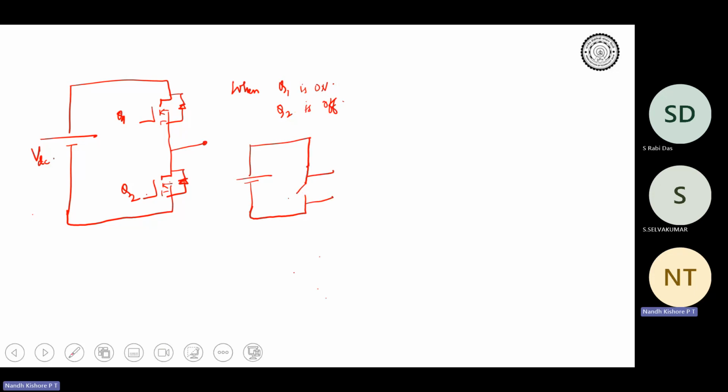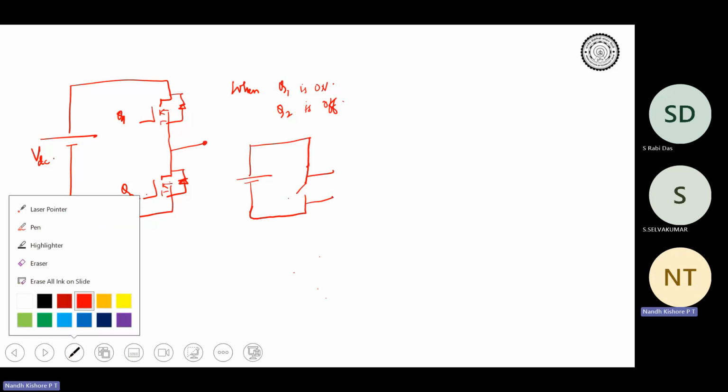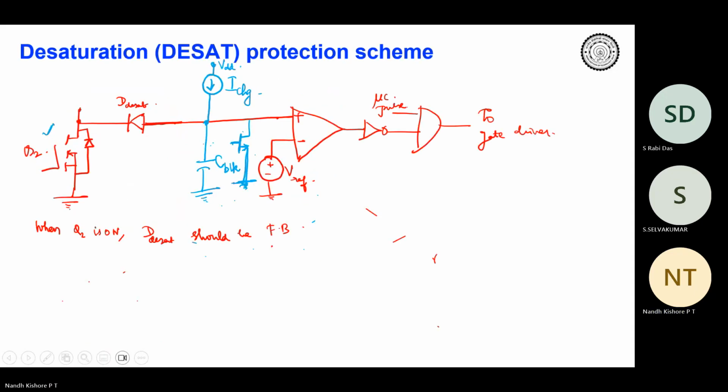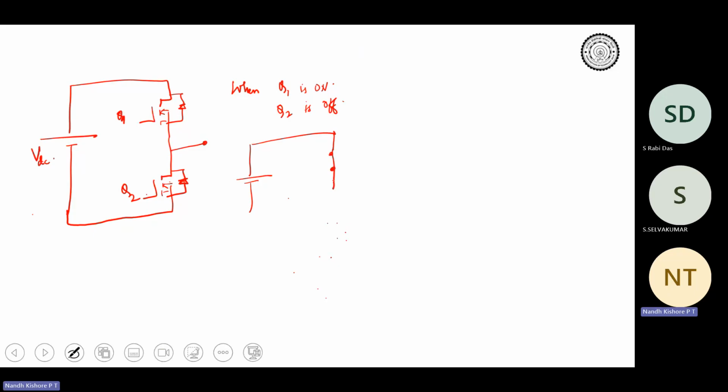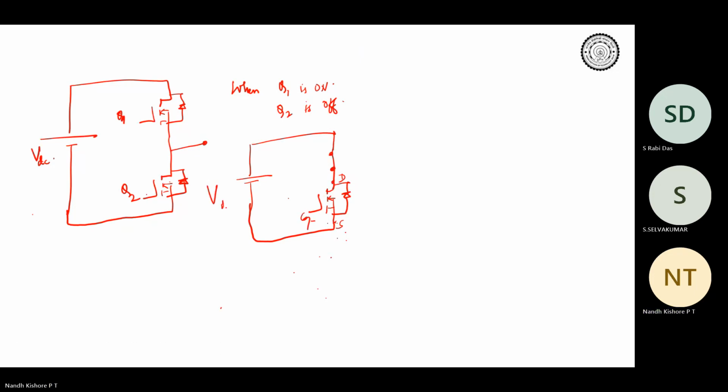So, let me not draw a generic switch. So Q1 is on and Q2 is off. This is your drain, this is your source, this is your gate, right?